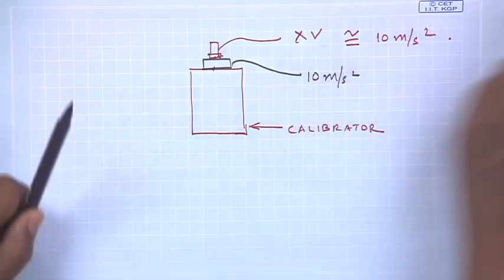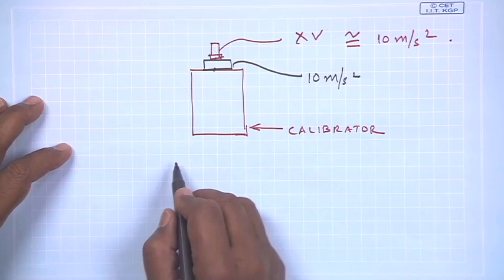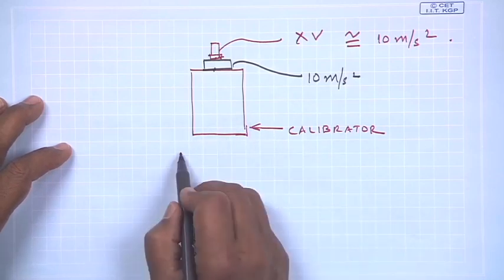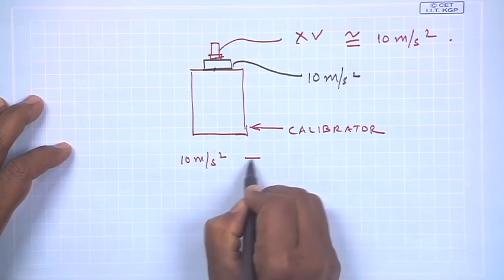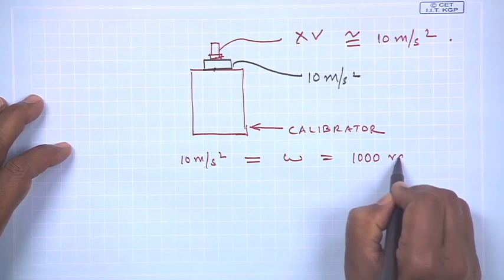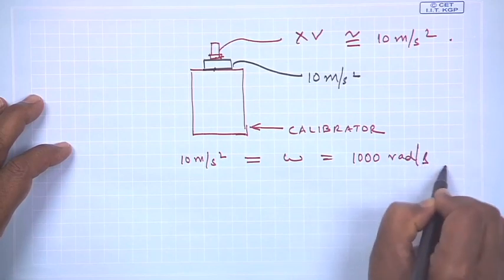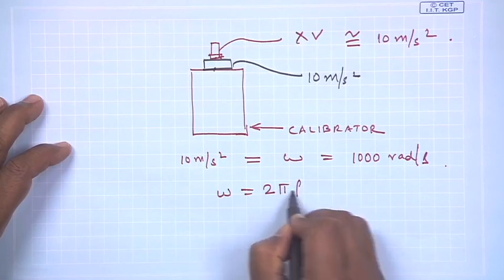Okay. So, this problem here is relating to a calibrator which gives an acceleration of 10 meters per second square at omega equal to 1000 radians per second. As you know, omega is the circular frequency, so omega is 2 pi f.